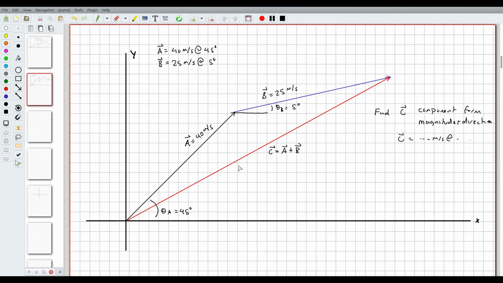Now, we're going to play the same sort of game that we did before, just to make our lives easy so you can see how this works.